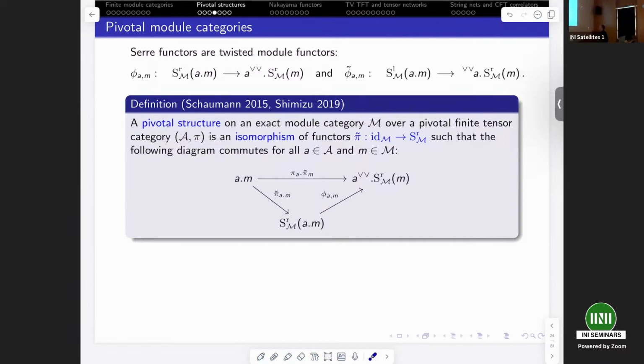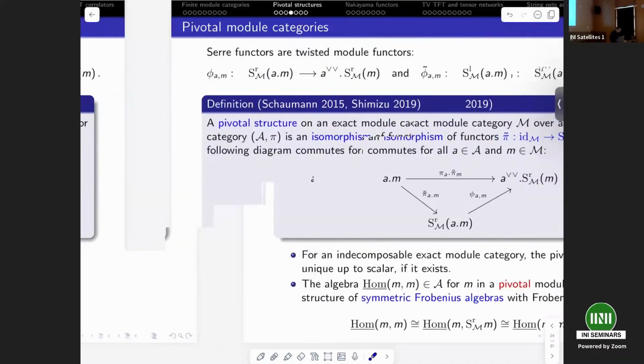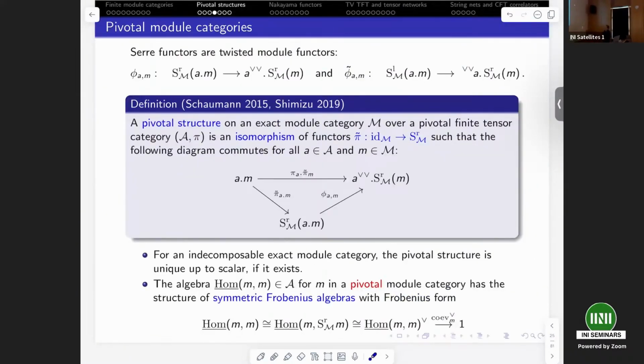And this is a very useful thing. I should say, if the module category is indecomposable, in the sense we just mentioned, then by a Schur's lemma type argument, the pivotal structure is unique up to a scalar. So it's not dramatically much structure.